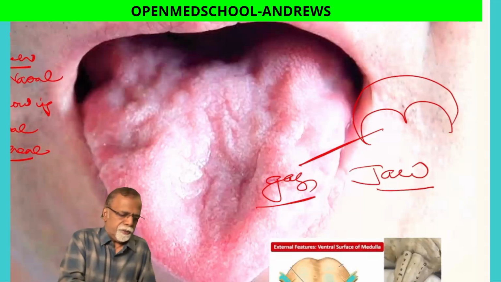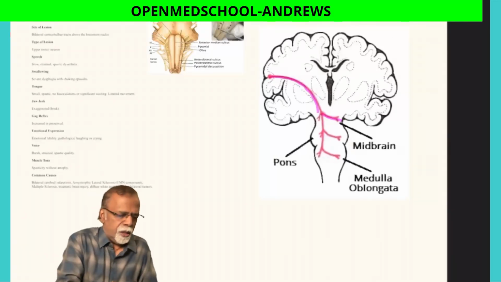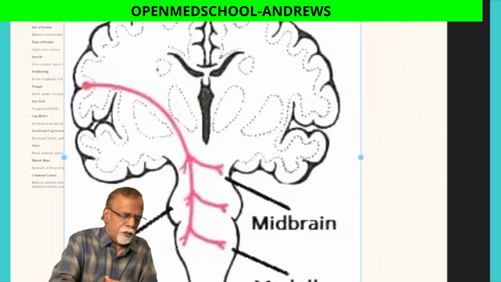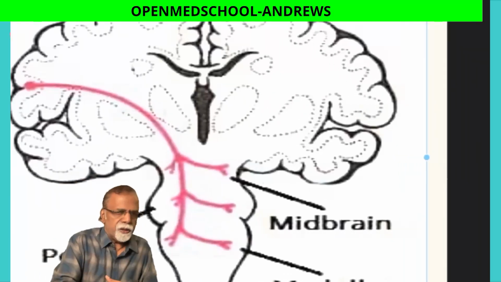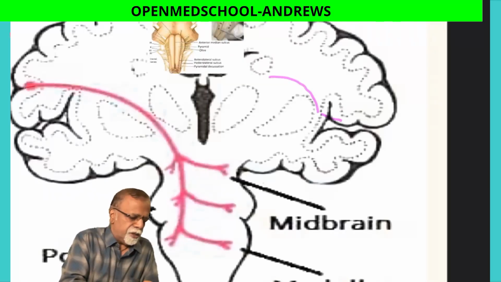Hope it is clear. Now we look into the pseudobulbar palsy. As mentioned, what is pseudobulbar palsy? Pseudobulbar palsy is weakness of the bulbar muscles due to dysfunction of the corticobulbar pathway. So you can see the corticobulbar fibers are coming like this.